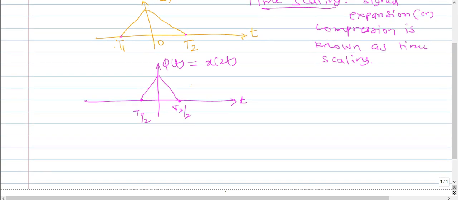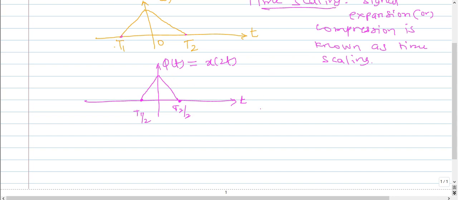This is equivalent to saying that if you record a tape and then play it back at twice the normal speed, what you will get is phi of t. The x of t was the original tape, and if you play it back with twice the speed, then you will get phi of t.